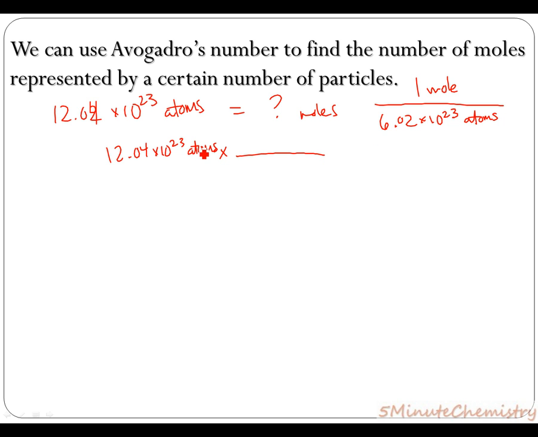Since I have atoms at the top, I want to cancel atoms, so that value goes on the bottom the way that we have it here: 6.02 times 10 to the 23rd atoms in 1 mole of that substance. When we do the math, you multiply across the top and then divide by the bottom, and you see that 12.04 times 10 to the 23rd is exactly twice 6.02, so there must be 2 moles.